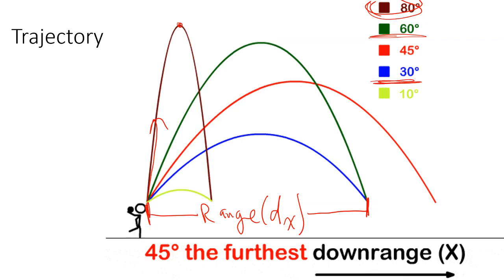And that's true. It's just that other things change, like the amount of time of flight. But our horizontal range actually matches up for different pairs of angles. If you throw a ball at 45 degrees, that is going to give you your max range.